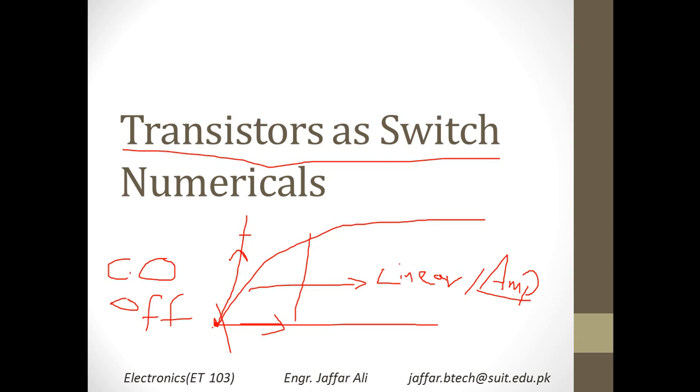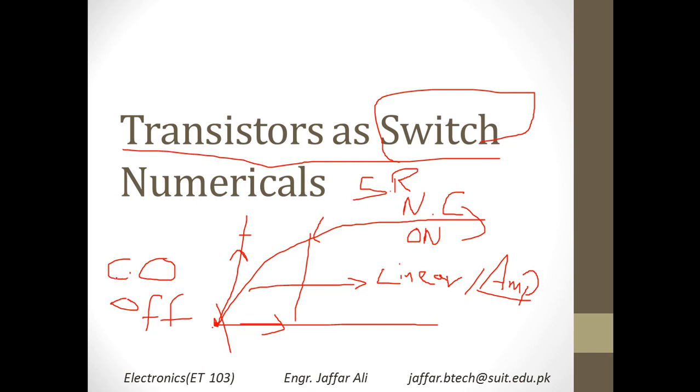The last region was known as the saturation region, and this region was termed as normally closed. Normally closed means the circuit is on. The switch is on. So if the circuit is normally closed, the switch is termed to be on.